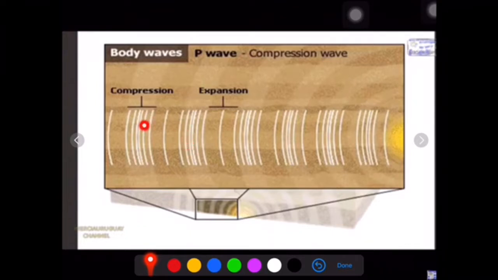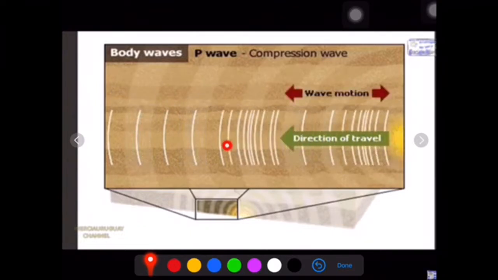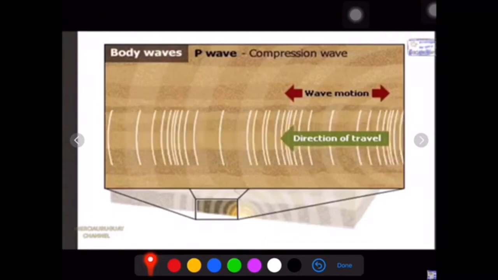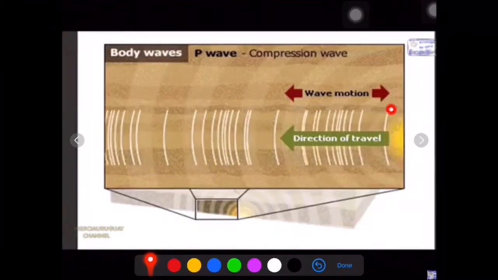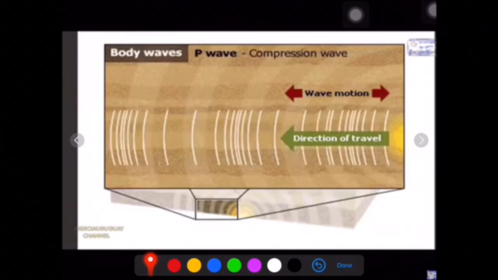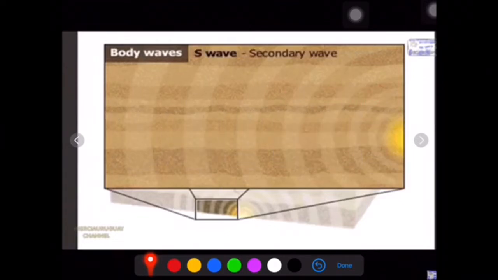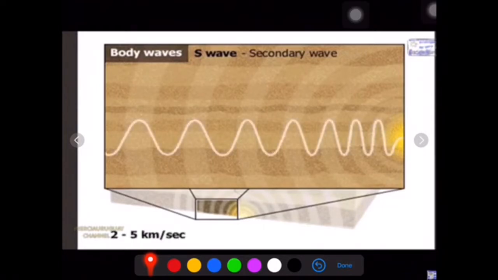The compression and expansion, which is also called rarefaction. You see the direction of the wave and the direction of the wave motion are in the same direction. The movement of the molecules and the movement of the wave are in the same direction. That's why it's called P waves.